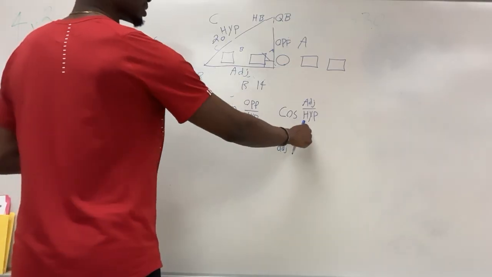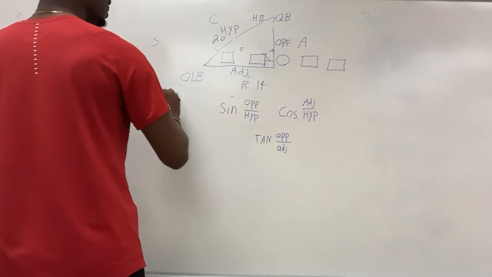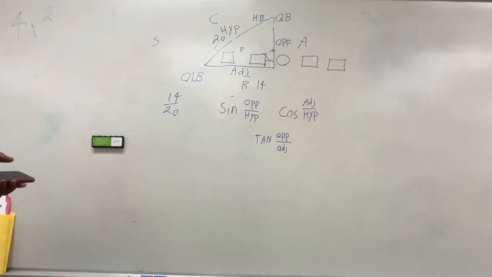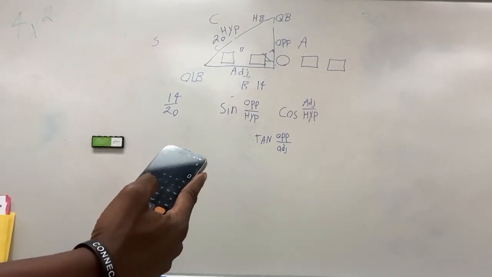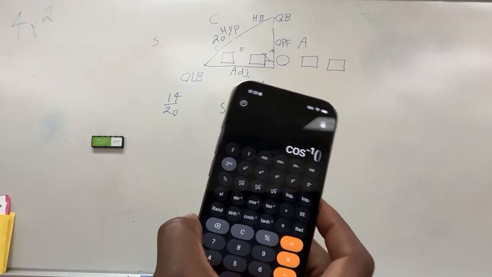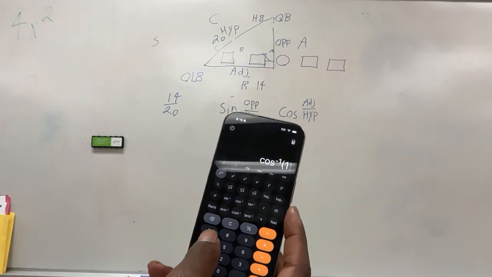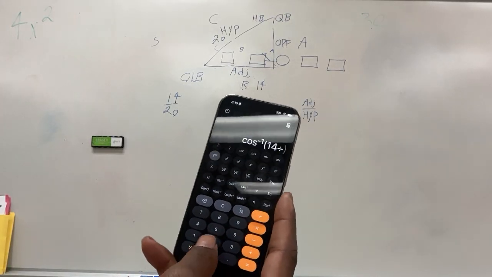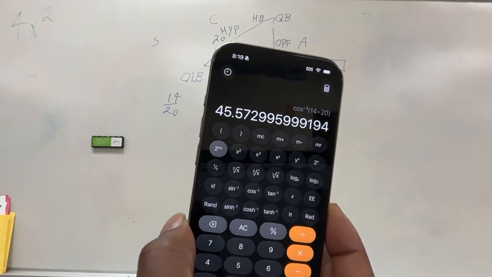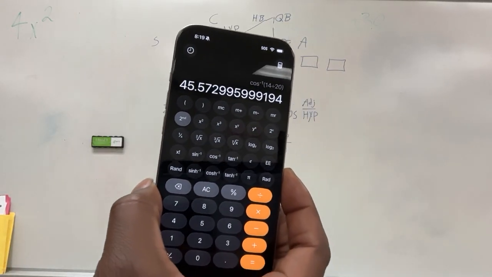Adjacent over hypotenuse, that's cosine, 14 over 20. Same procedure. So cosine, press second. Two numbers we're dividing, 14 divided by 20. Boom, 45.5, so round it up to 46.